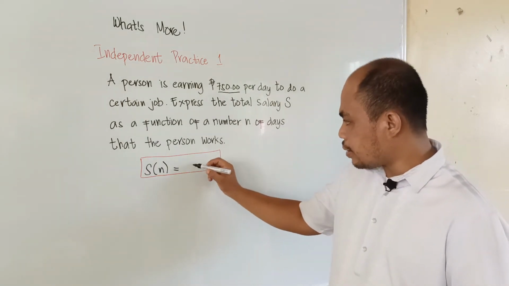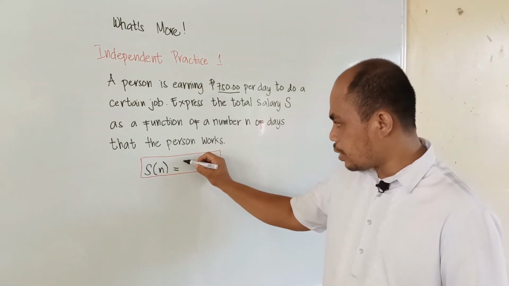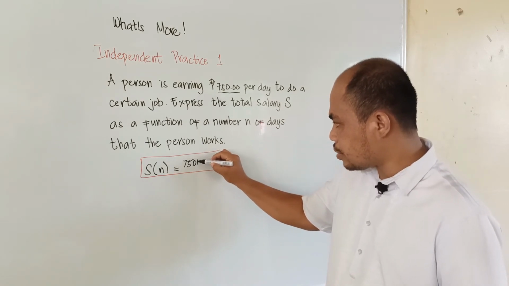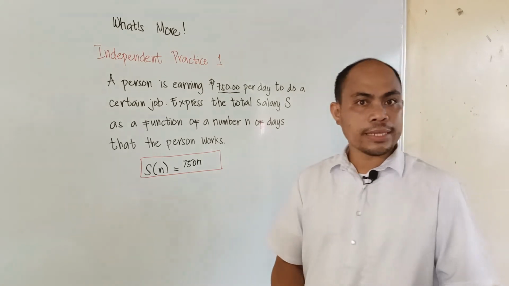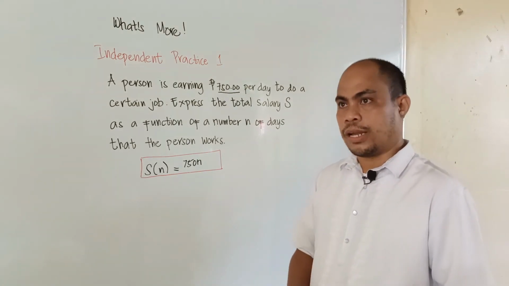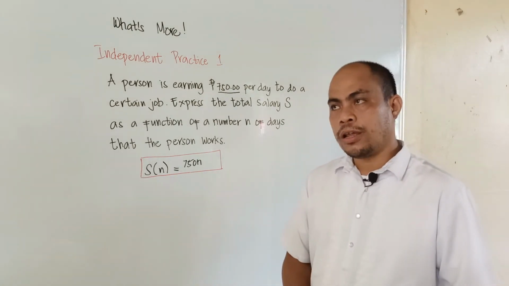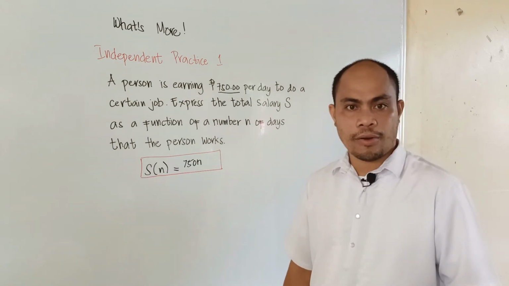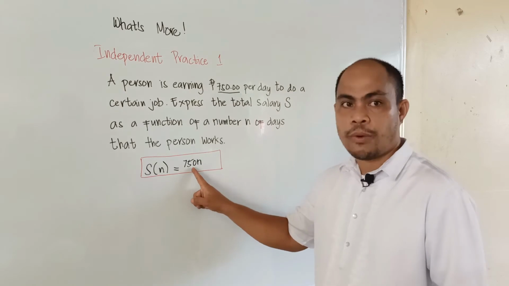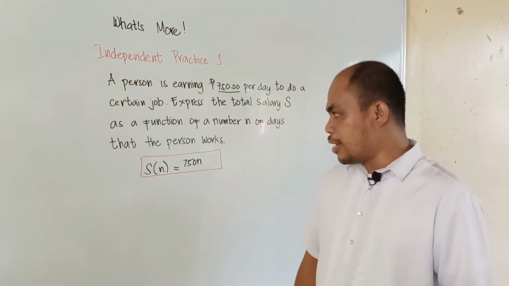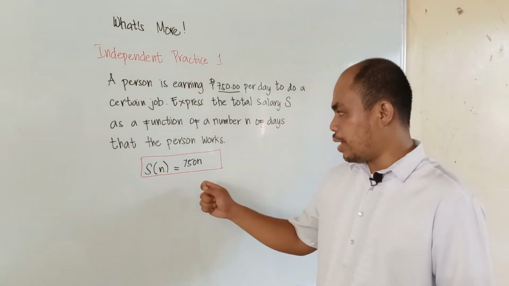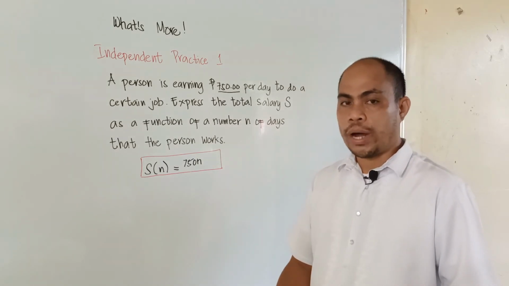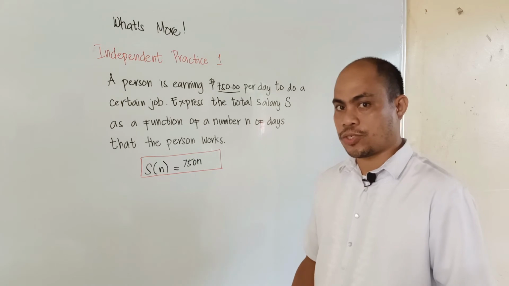So, if we're going to write it here as an equation, magiging 750 times N. N is the number of days, no? Kung halimbawa, sample, nag-work siya ng 2 araw at mayroon siyang 750 pesos bawat araw. Magkano ang sweldo niya? So that will be 750 times 2 and that will be 1,500 pesos.